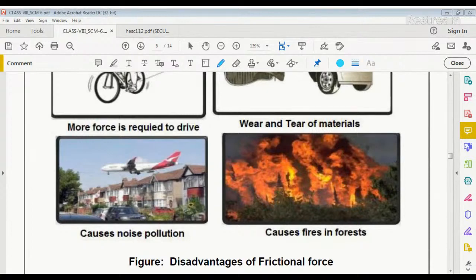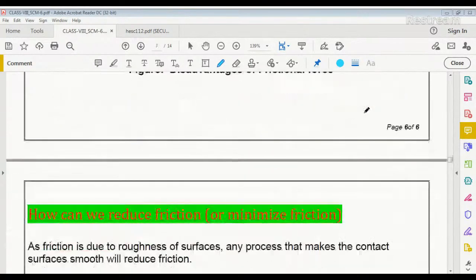Now we shall discuss the ways of minimizing friction in the following chapter, right? So here comes how can we reduce or minimize friction.